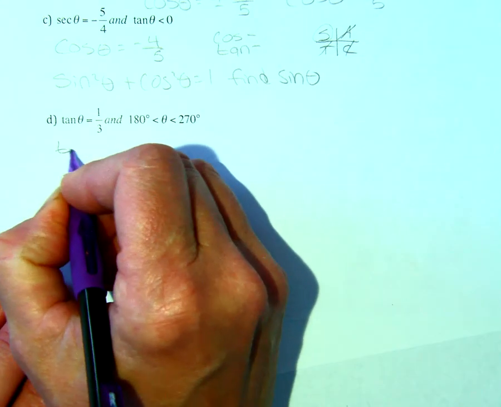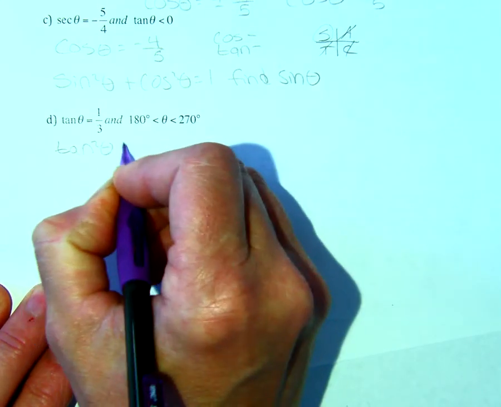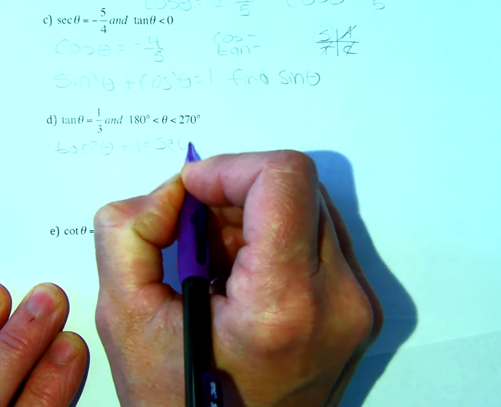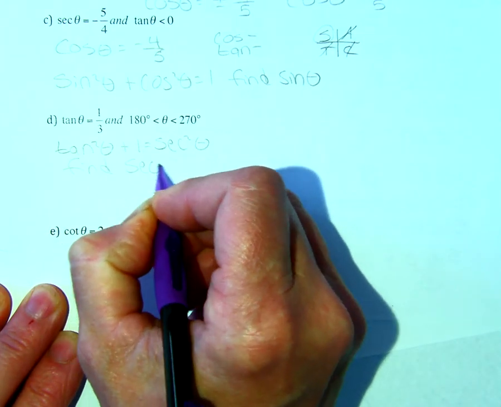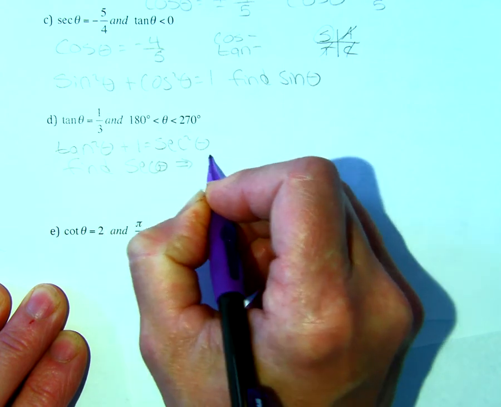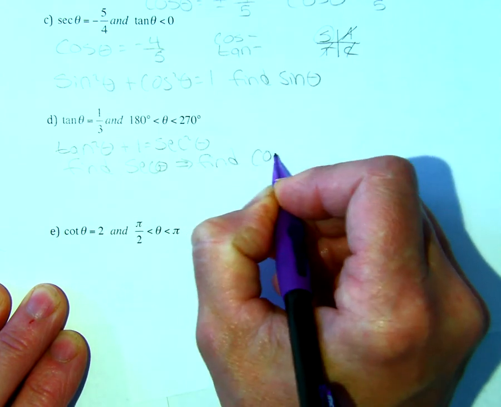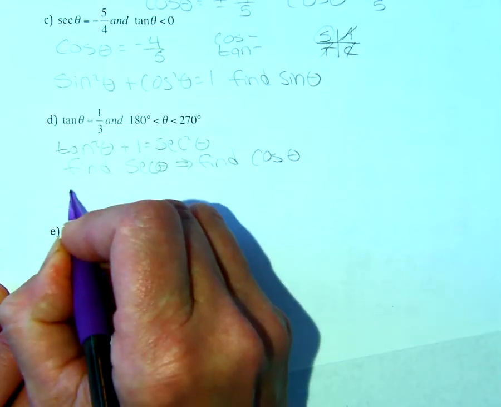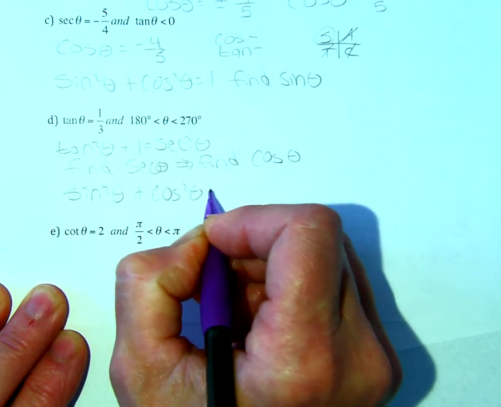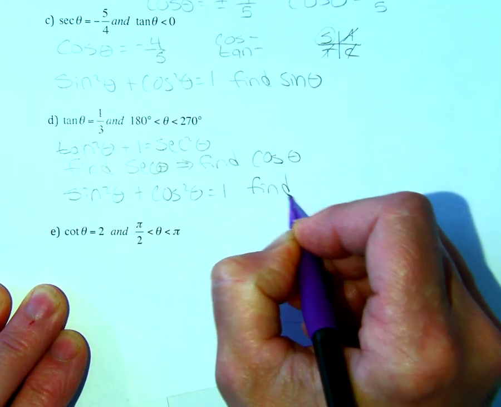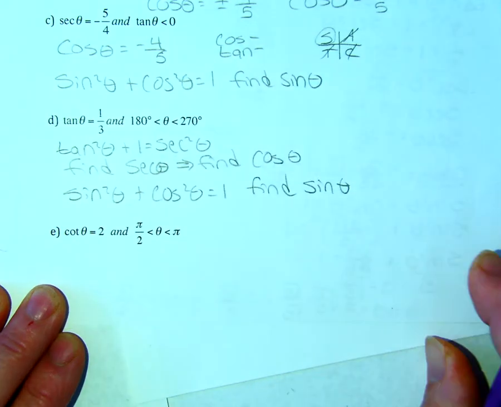So you would use this formula, and you would find secant, and then you could find cosine. Once you did that, you go back to this formula to find sine. And again, once you have sine and cosine, you're pretty much set.